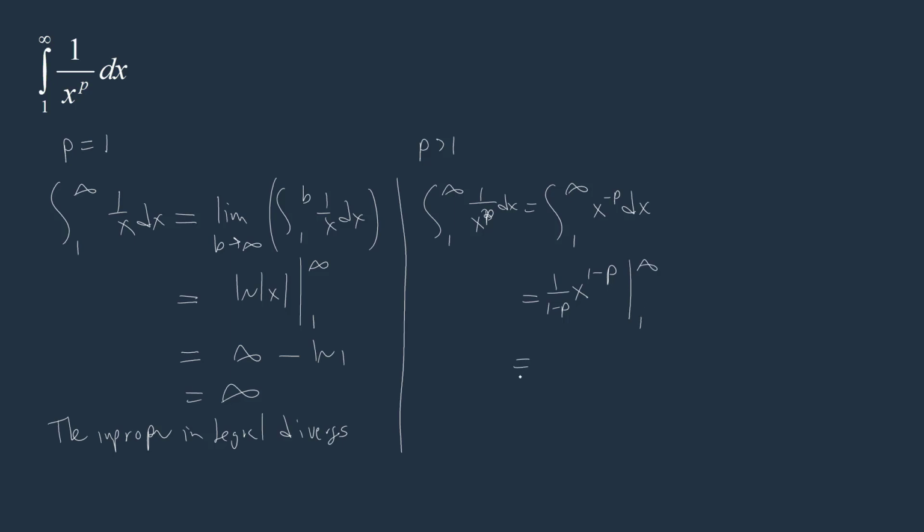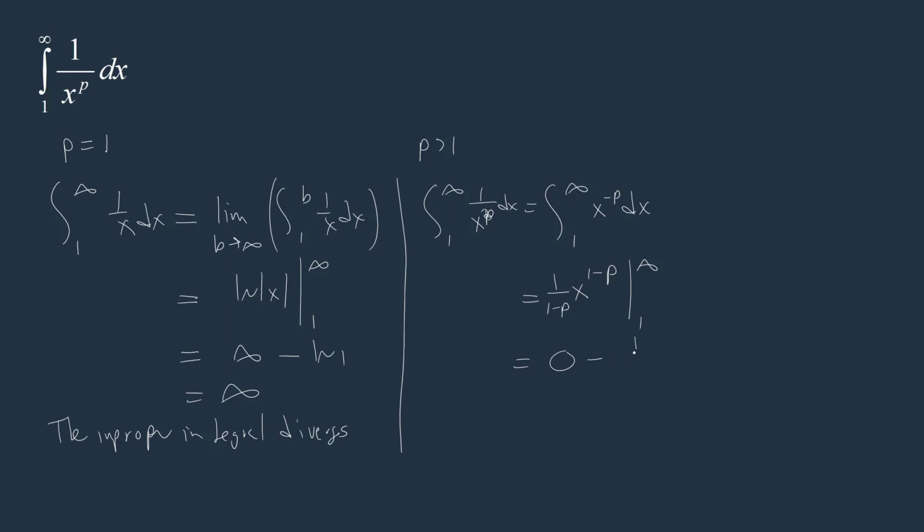Now, if p is more than 1, then this exponent is negative. So you have x to a negative power. If x were to increase without bound, where this is a negative power, this portion would go to 0. So the first part would be 0, and then you have minus. When you plug in 1 for x, 1 to anything other than some silly things would then of course be 1.